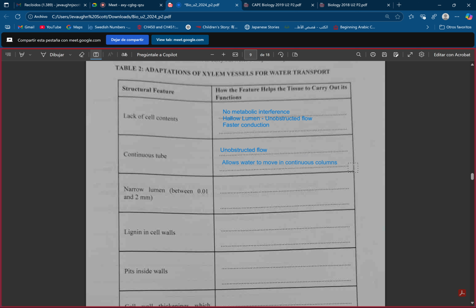So that's fine. When we have that entire adhesion and cohesion happening, the water wants to move in that continuous chain. So we don't have to force water through sieve plates or break it up through sieve tubes, anything like that. Alright? Lovely. The narrow lumen, between 0.01 to 2 millimeters.